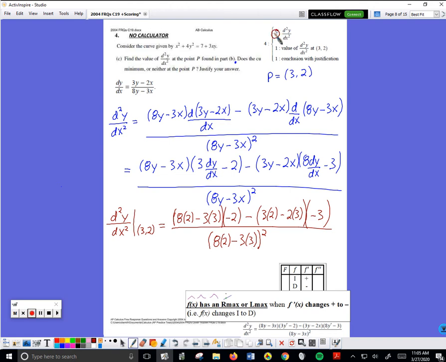Because it was worth 2 points, I would say that if you had this box, but you didn't know how to keep going because you didn't remember that at the point they are asking about, dy/dx would be 0, you would still get one of the 2 points. For the second point, you must have this box.